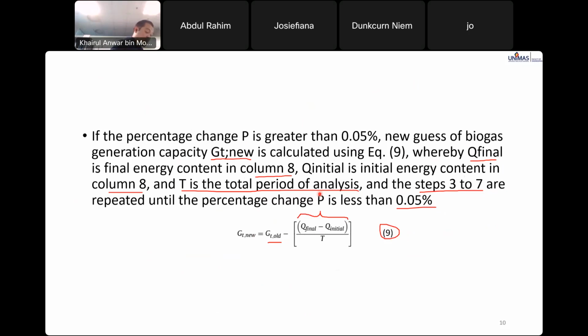So 5400, which is the old GT, the old gas generation, minus 770. So you have 4629 in this case. So 4629 is the new GT.